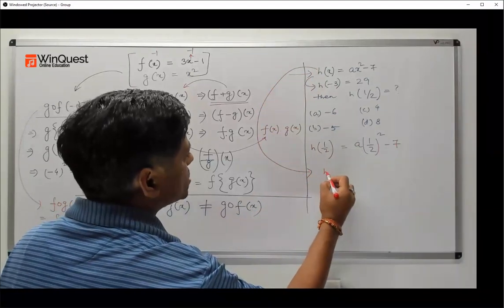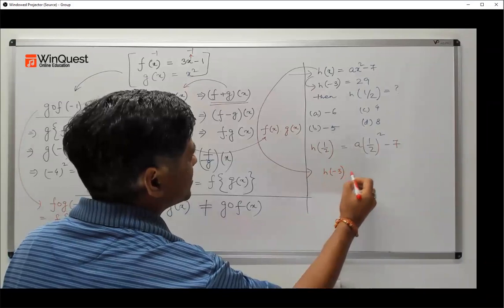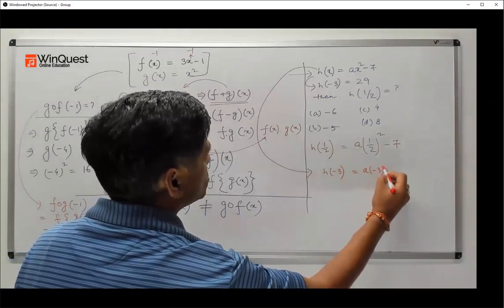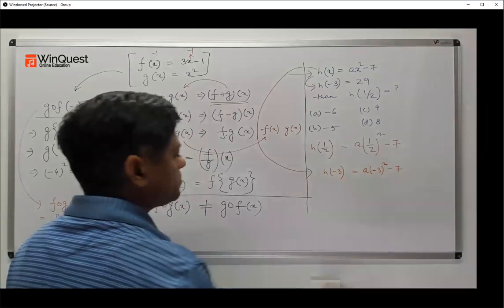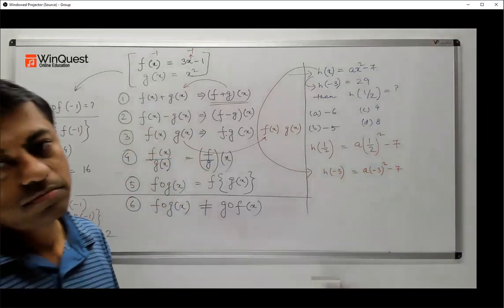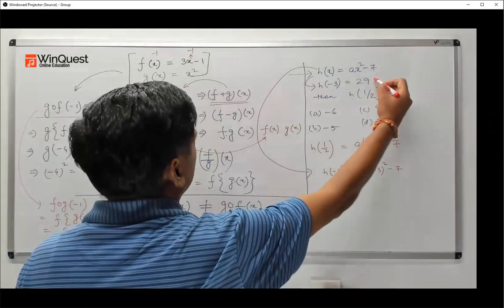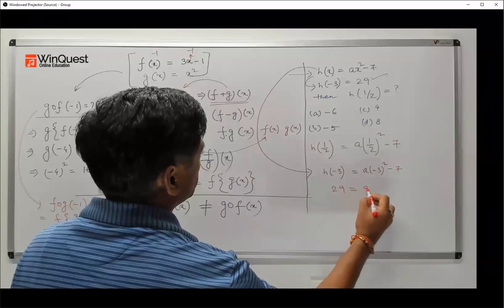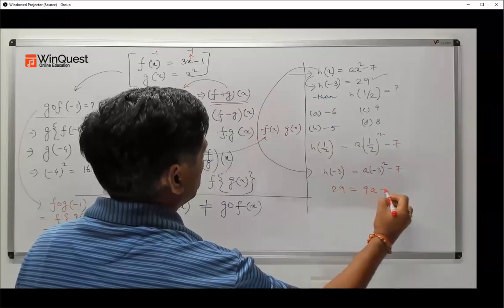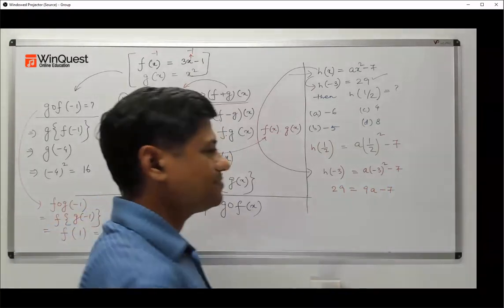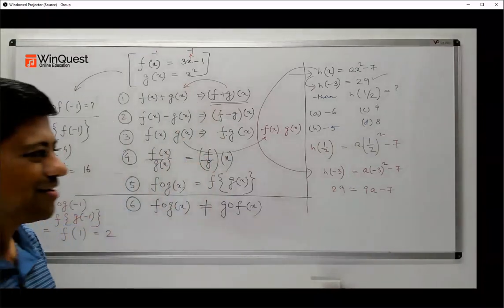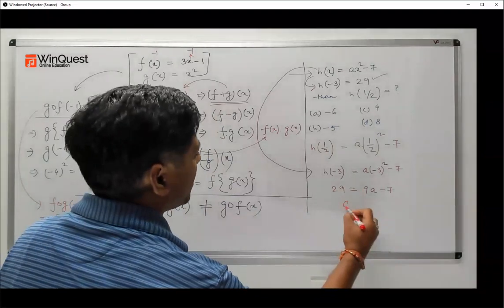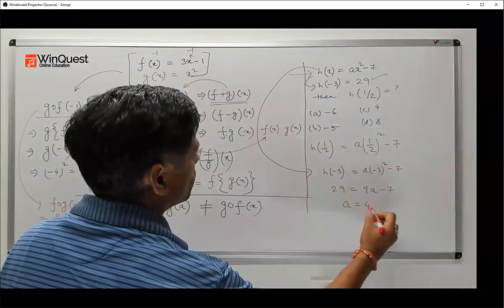I know h of minus 3. If I put it in the equation, this becomes a times minus 3 whole square minus 7. The value of h of minus 3 is already given to you, 29, equals 9a minus 7. 29 plus 7 becomes 36. So a equals 4.